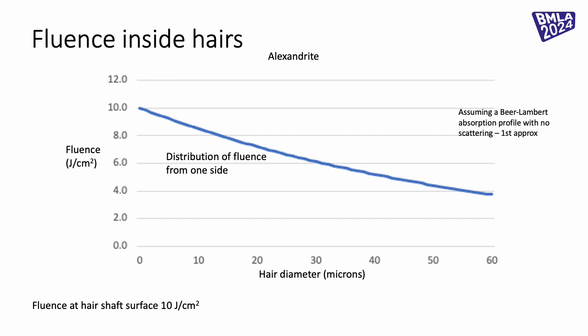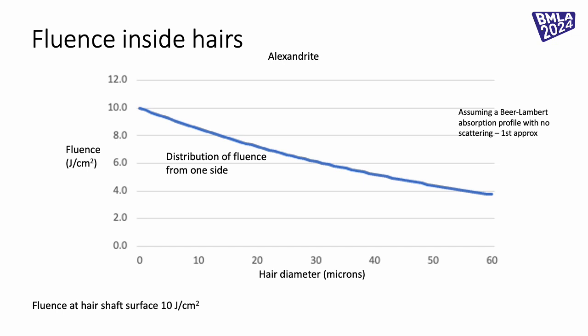At the surface we have 10 joules per square centimetre where the fluence meets the melanin. But at the other side of the hair, at 60 microns, the fluence has dropped to just slightly under 4 joules per square centimetre.